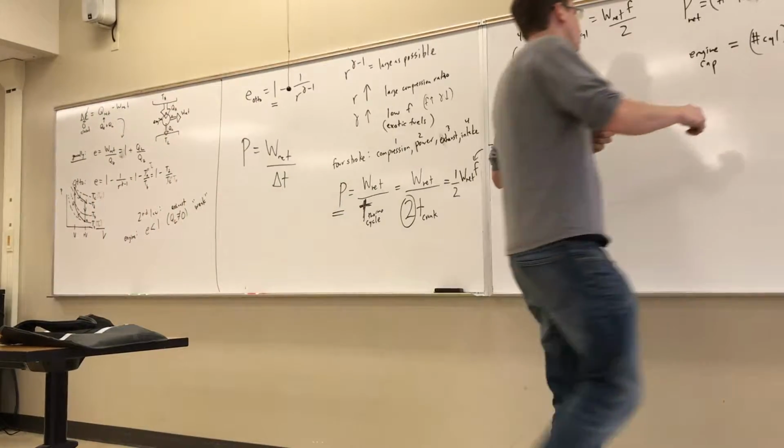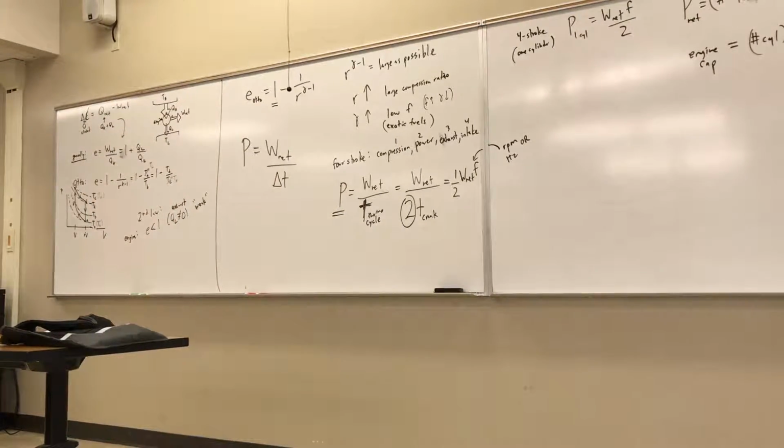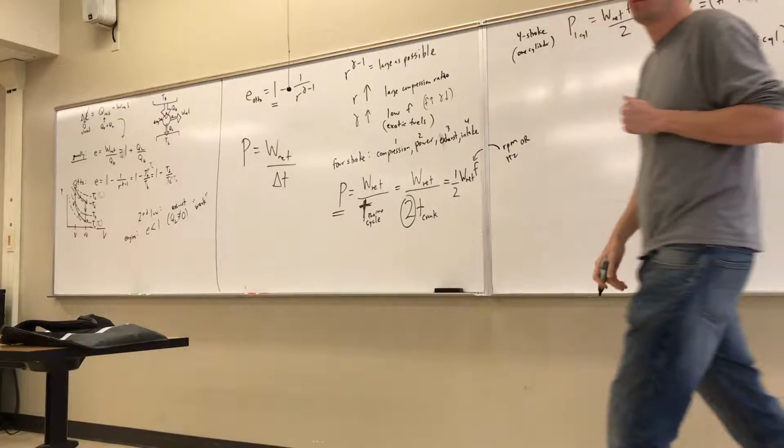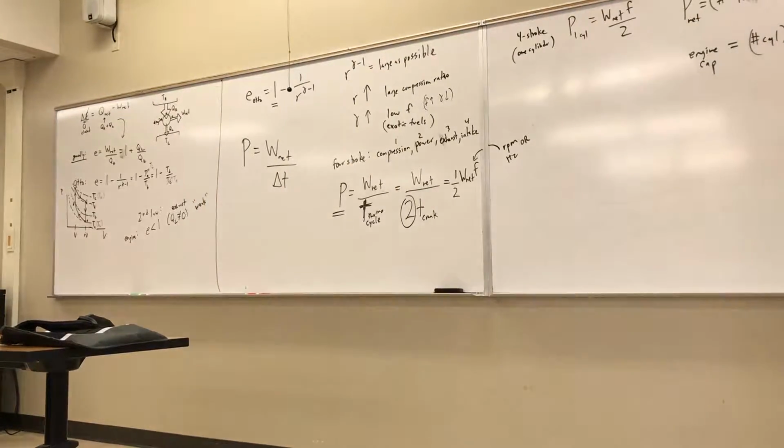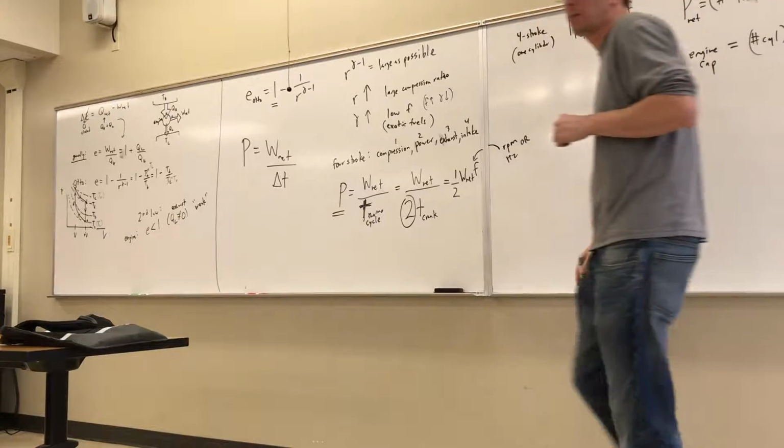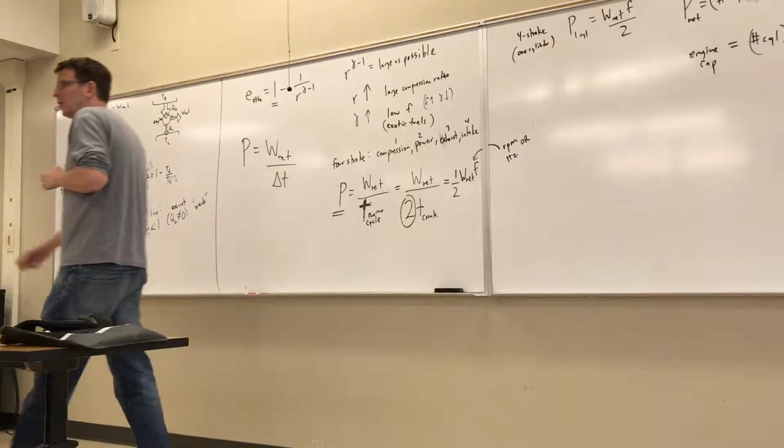Okay. Now, of course, the SI unit for this would be meters cubed. They don't use meters cubed. They use liters. So this is a such-many liter engine. Just so you know, a liter is 10 to the negative third meters cubed. That's typically for car engines.